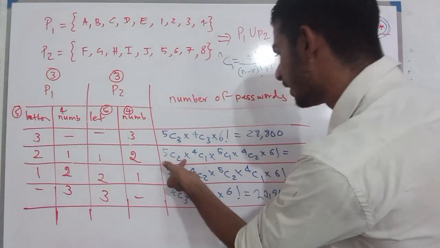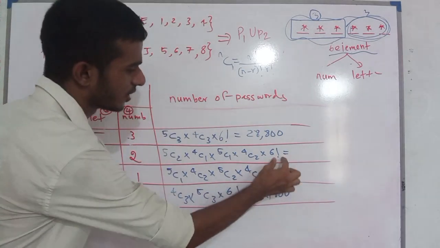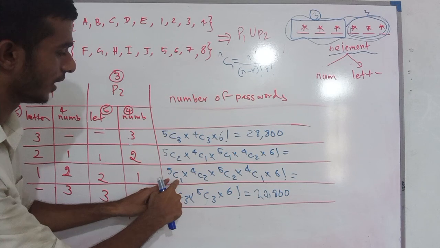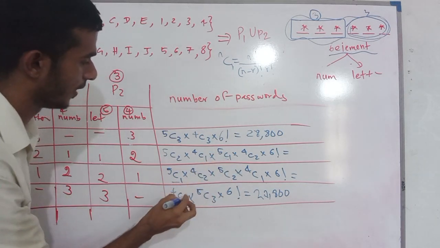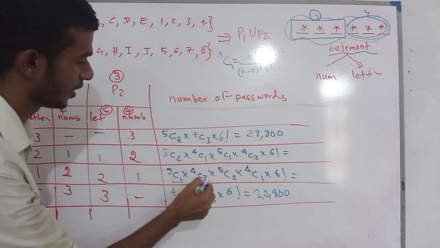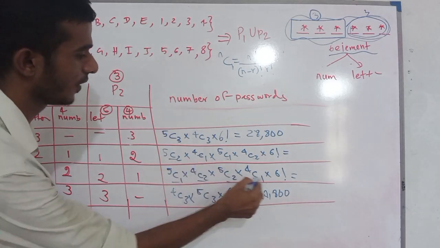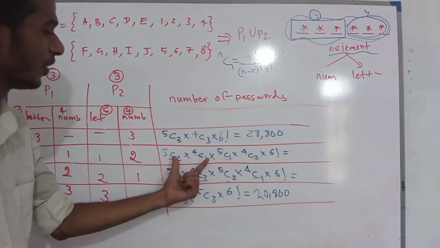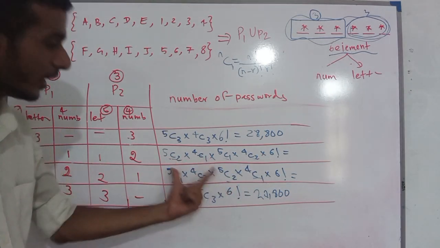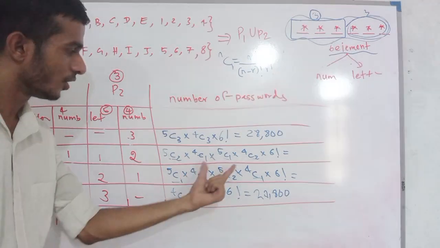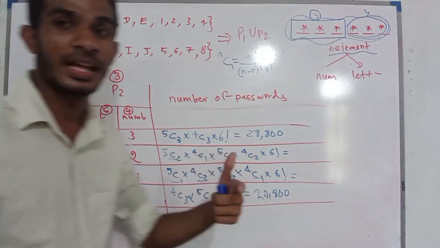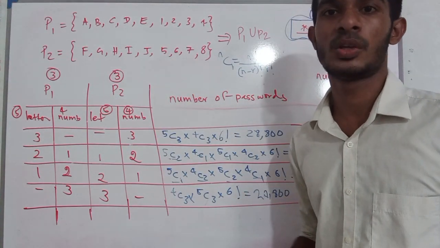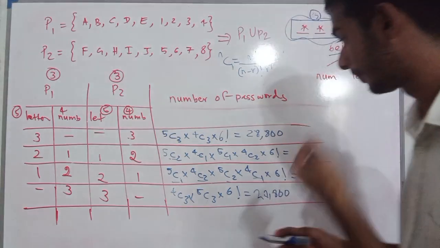Now you see this and this are also same, because you see 6 factorial, 6 factorial, 5C1, 5C1, 4C2, 4C2, 5C2, 5C2, 4C1, 4C1. So this and this are same, this and this are same. Now you have to just find out this value, and you don't need to find out the other, because you have to check whether there is any relationship, because we have to reduce the working, because the examination is time oriented.